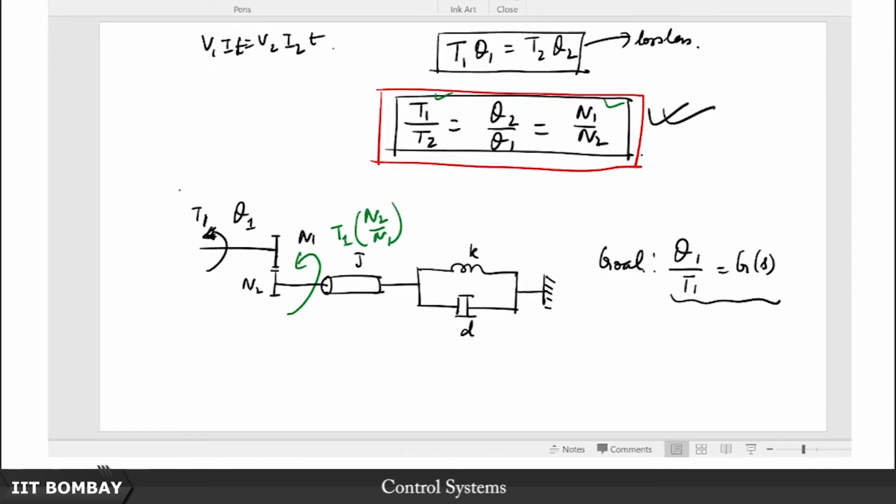And now I can totally forget about this part, because the only quantity that was appearing on this side was the torque, the externally applied torque, which I have already brought to this side. So now let me write down the equation on this side in the usual fashion, and it is very simple now.